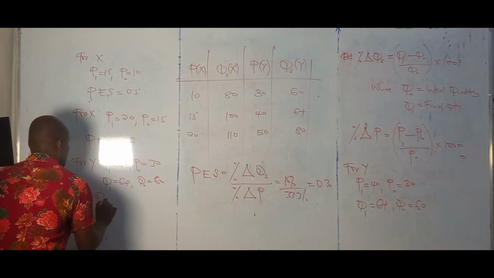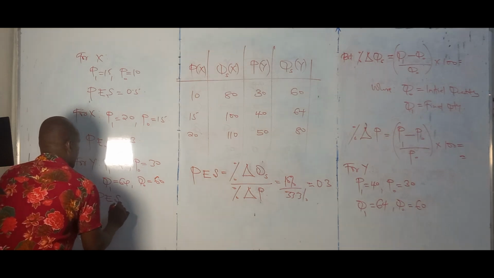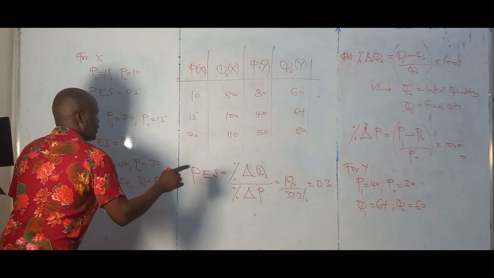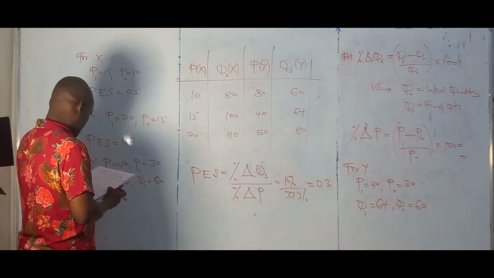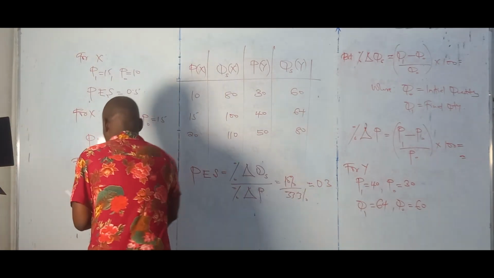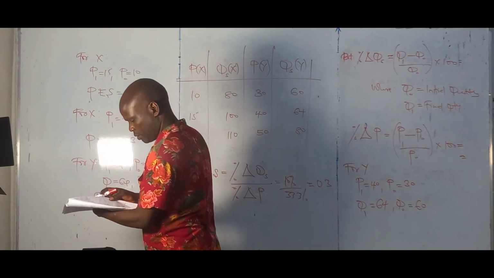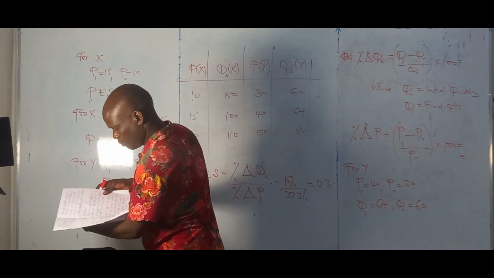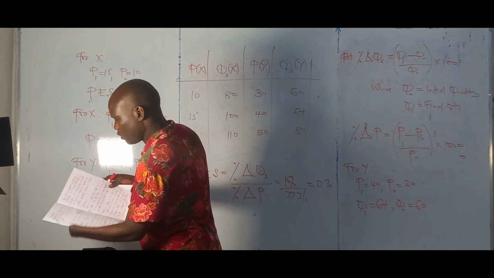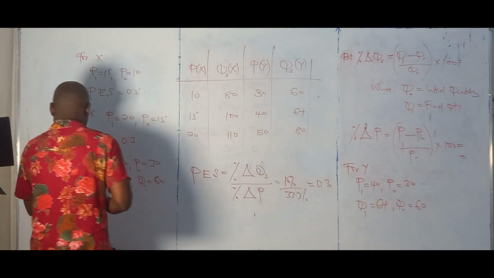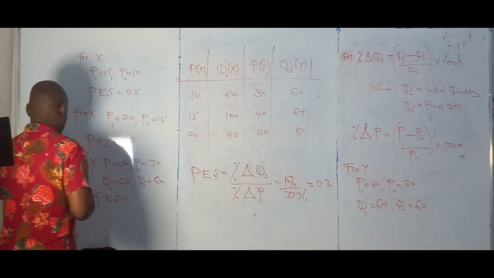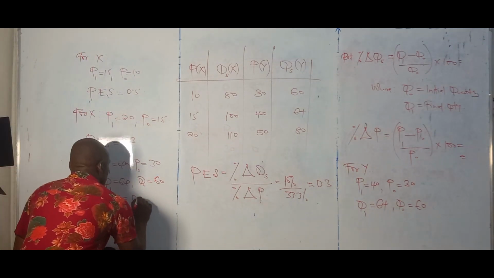The price elasticity of supply for y in that case, as with product x, will be about 0.2 for that price range. If you work it out, that will be 0.2.